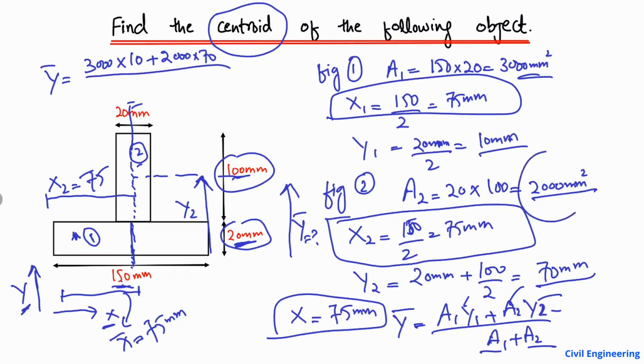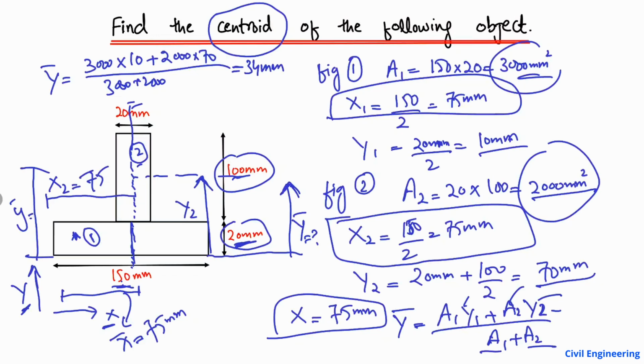So you just simply do the mathematics in a calculator and you get 34 millimeter. It means the distance from the bottom up to the centroid of this combined object is 34 millimeter.